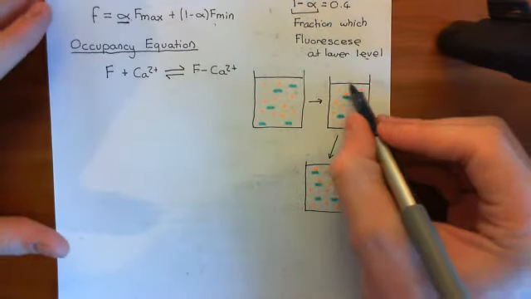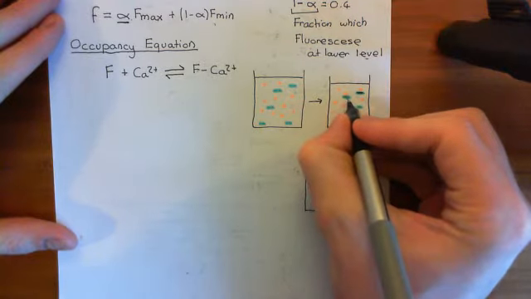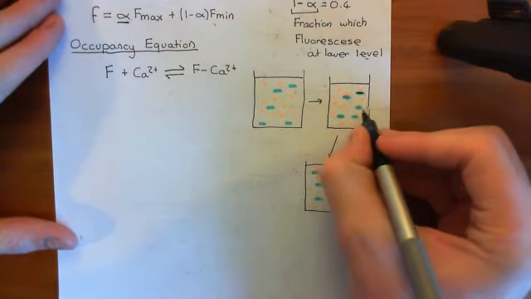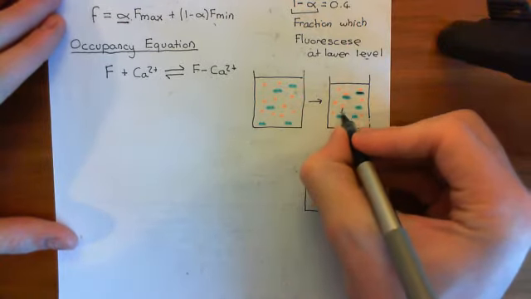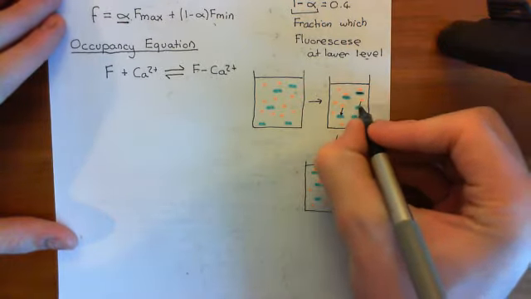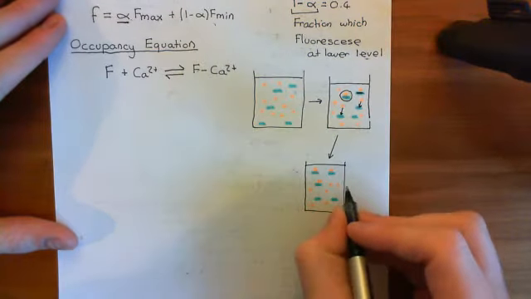So let's say on this one here, one of these Fluo-4 calcium complexes broke down in a second, and then we built 2 new ones. So this one combined, this one combined, this one combined, but this one broke apart. Then that would give us this overall scenario.